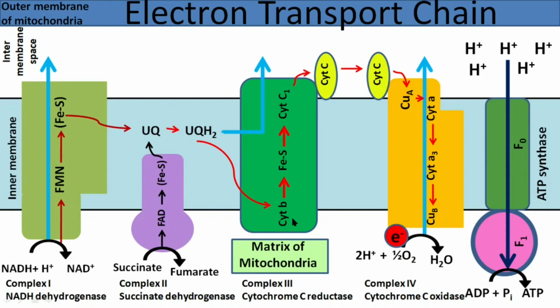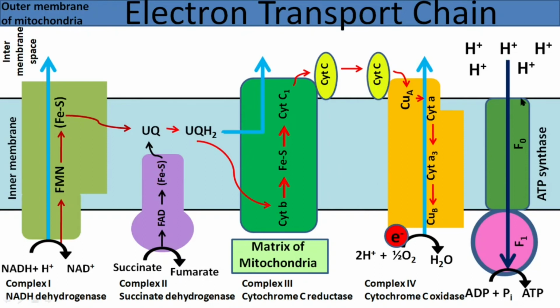This one represents complex 3, which is known as cytochrome C reductase because it is going to reduce cytochrome C by giving electrons. And the 4th complex is cytochrome C oxidase because it is going to oxidize cytochrome C by accepting or removing electrons from cytochrome C. These complexes also have other names which I have already discussed in the previous slide.